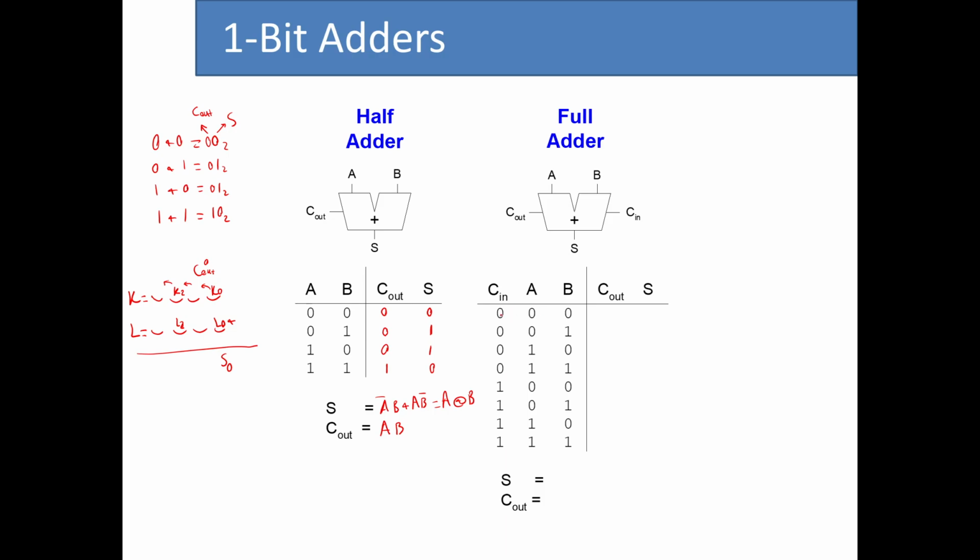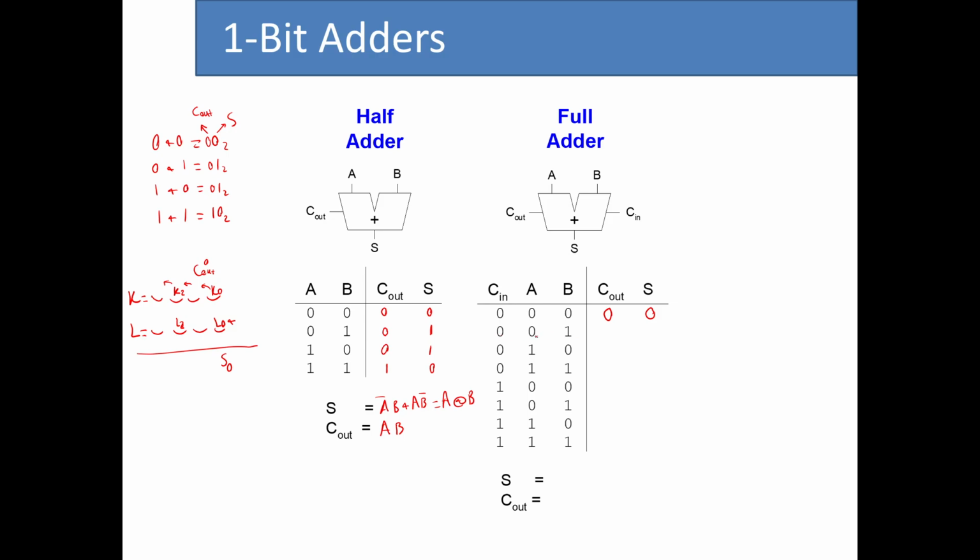So in this case, we have 8 possible combinations because we have 3 inputs, but the way that we calculate is exactly the same. So C in plus A plus B, when they are all 0, create a carry of 0, and the result of summation is again 0.